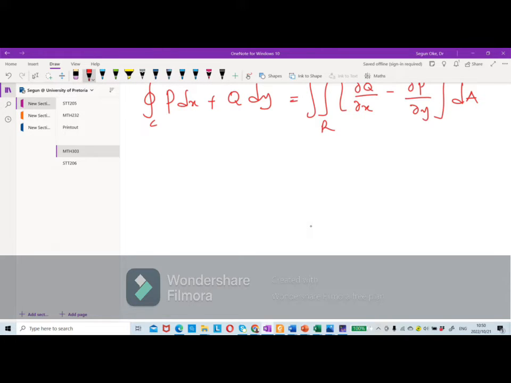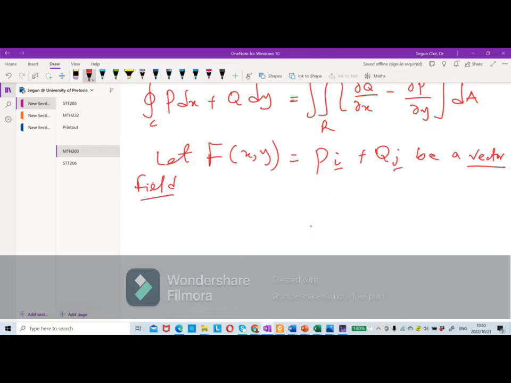So let's look at this. Let F(x, y) = P i + Q j be a vector field. Then let r be Xi + Yj.